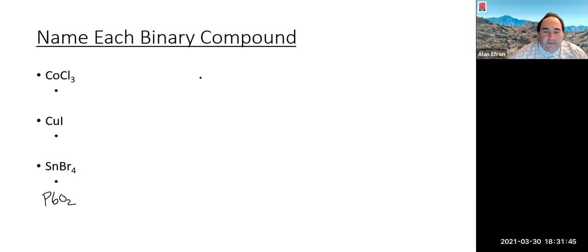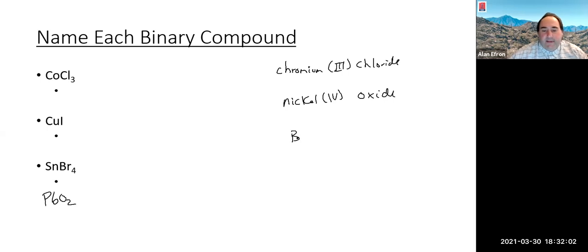We'll do some chromium(III) chloride. Let's do some nickel(IV) oxide. Let's do some bismuth(III) nitride. All right, take a few minutes and see what you come up with on that.